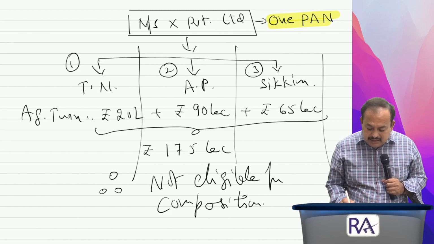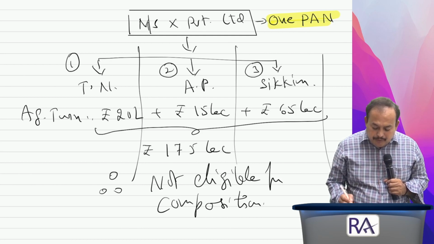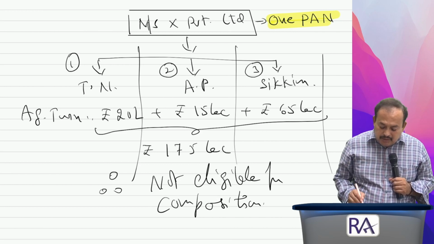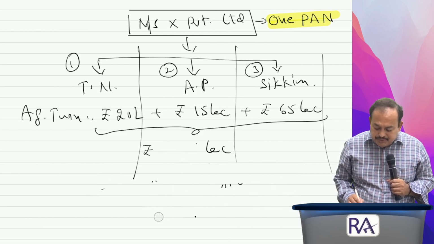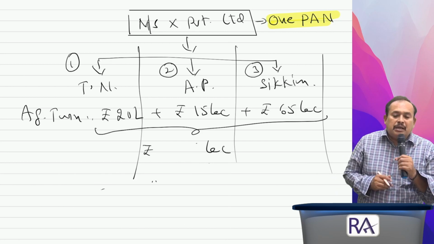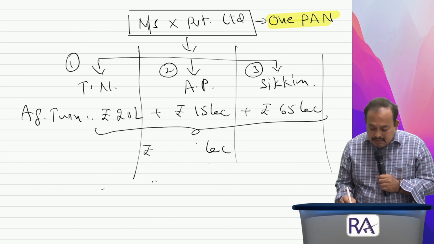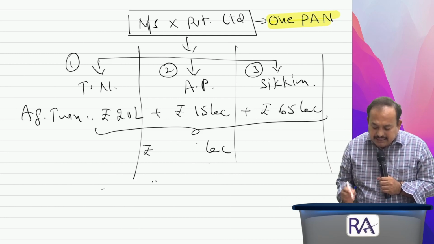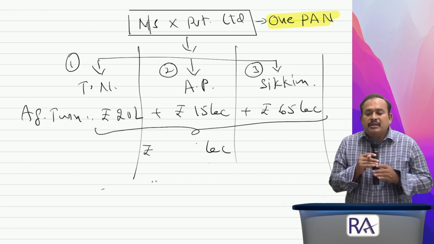Here it is only 15 lakhs. Now in the given case, my dear sir, Tamil Nadu 20 lakhs, Andhra Pradesh 15 lakhs, Sikkim 65 lakhs. If that is the case, aggregate turnover, if you refer, 100 lakhs.